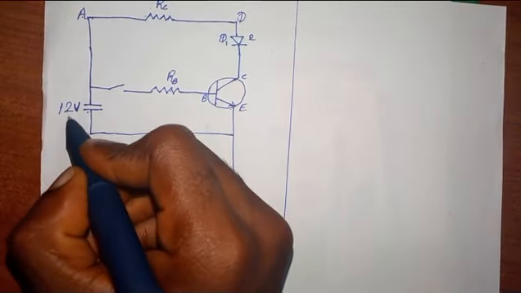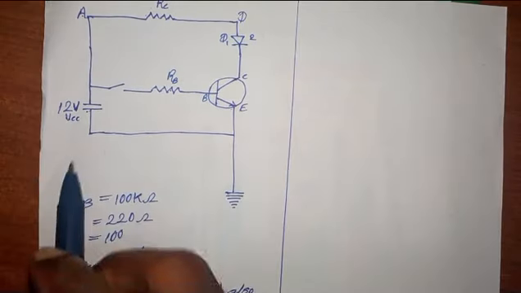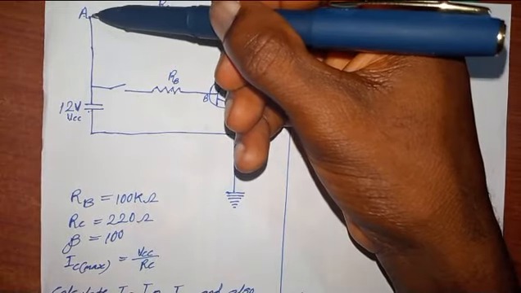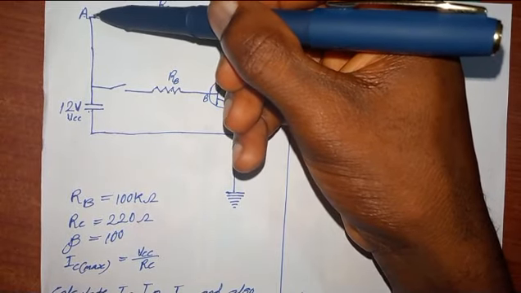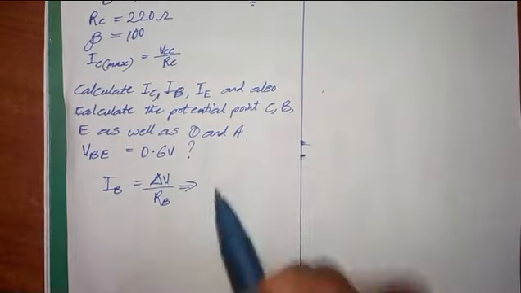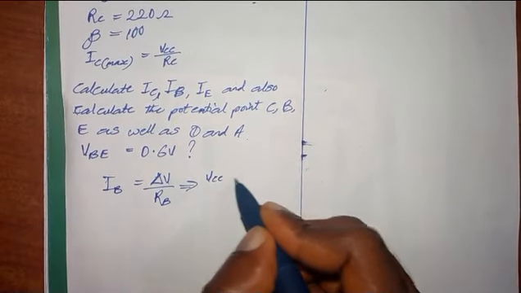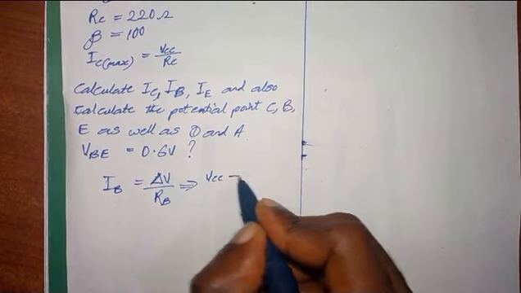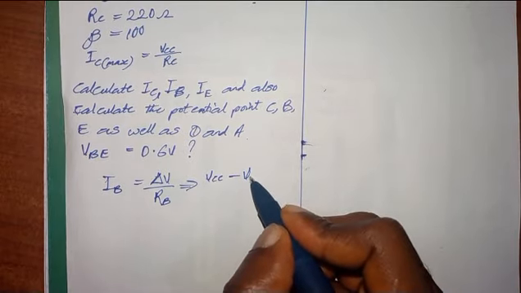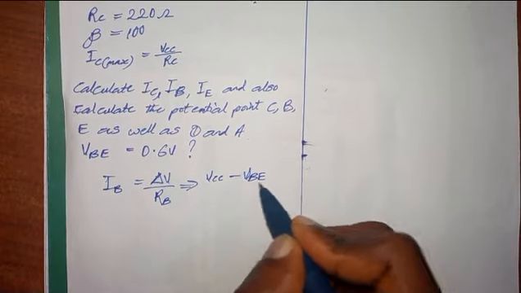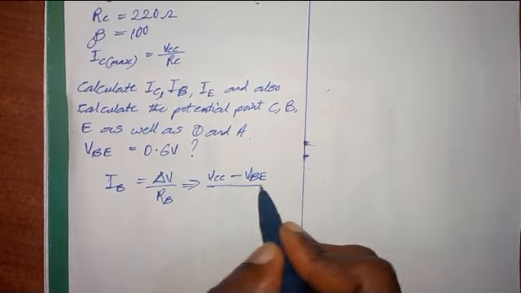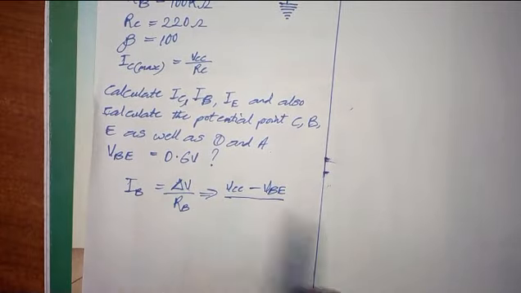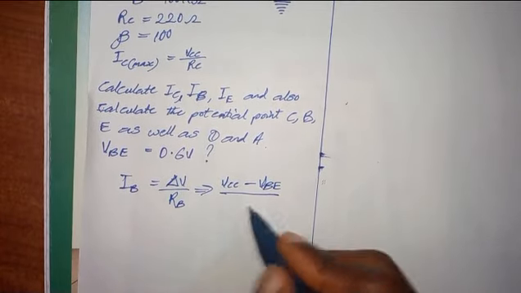Note, this VCC, this supply voltage, is the same as the voltage at point A. So in place of VCC, you can write VA, minus VBE. And VBE is given here to be 0.6.